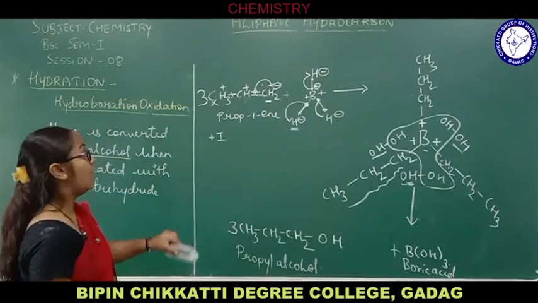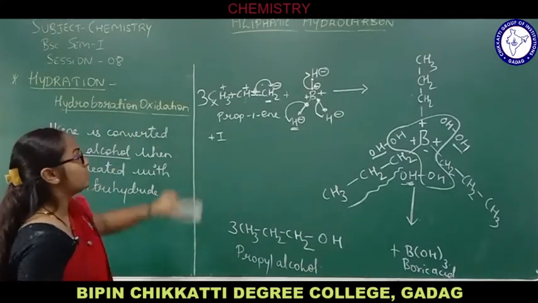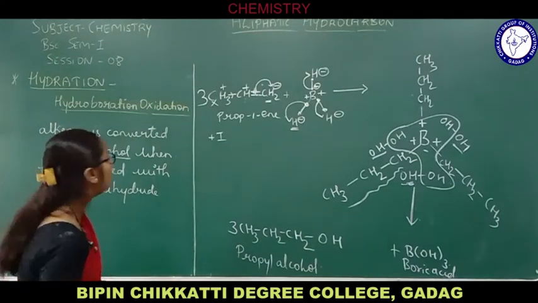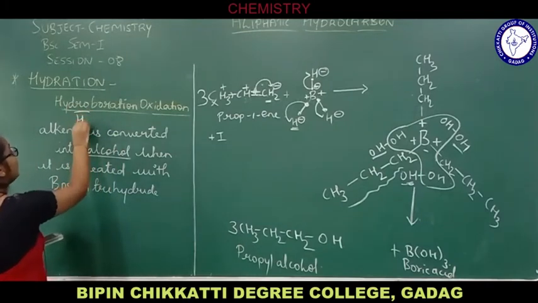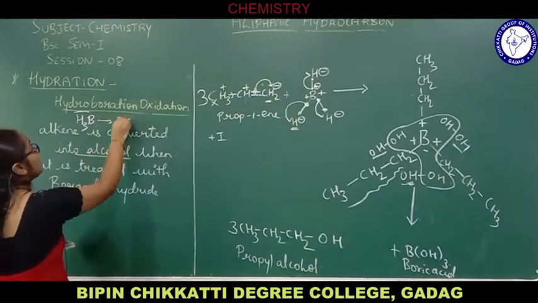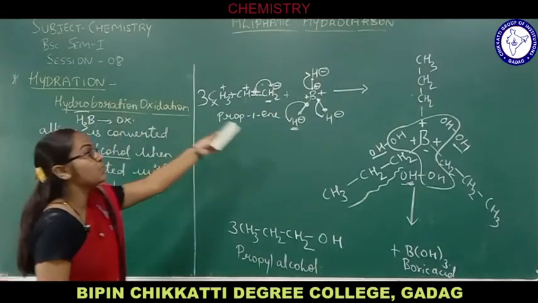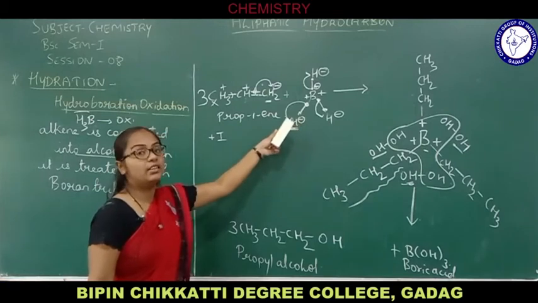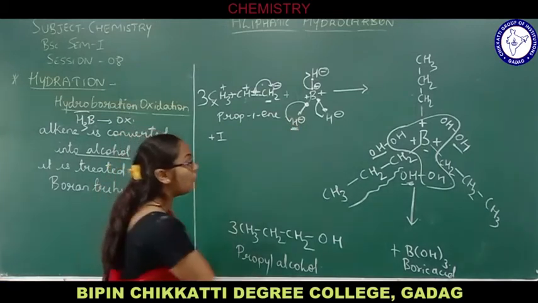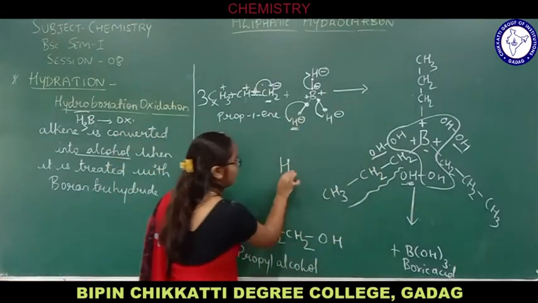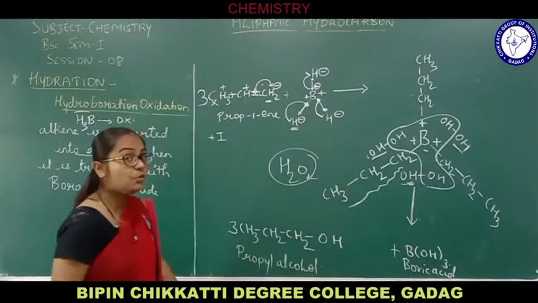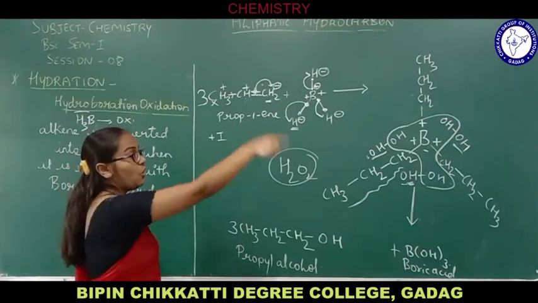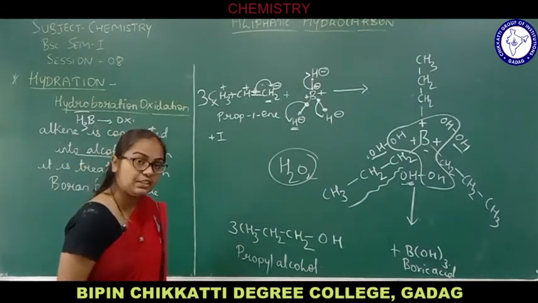So this is how the hydroboration oxidation process takes place here. Hydroboration, the meaning is only saying that hydrogen and boron are there, trihydride boron, and here the oxidation process takes place. Oxidation of trihydride boron takes place with the help of hydrogen peroxide. You can see over here 3 hydrogen peroxide molecules are used to bring about the oxidation of the complex which has been formed as the intermediate, right?